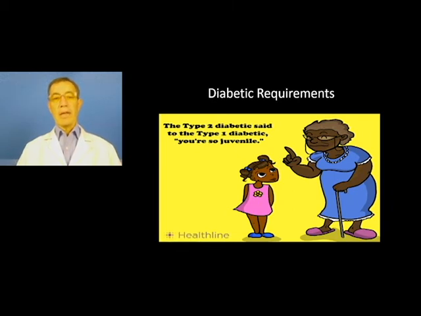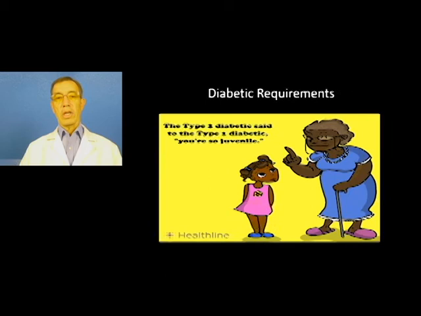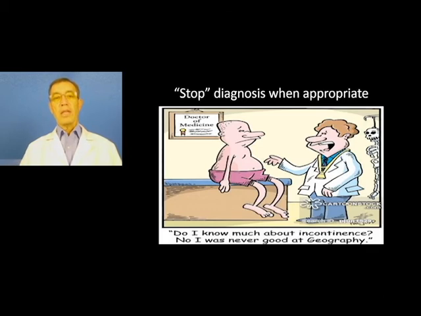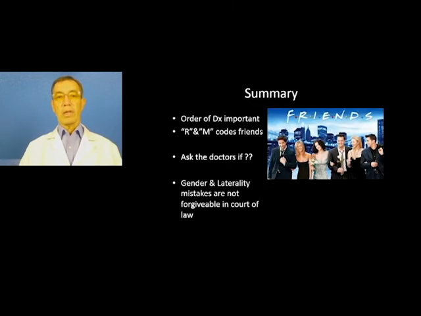And for diabetics, they have multiple different kinds, and you have to be sure you know if it's a type 1 diabetic or type 2 diabetic, as well as do they have kidney, eye, or any sort of ulcerations, those will all change the code you use. And then there are areas in certain electronic health records where you have to put the screening codes in there. So there's quite a few different codes. And then when someone does not have a diagnosis anymore, you can stop that diagnosis in the electronic health records.